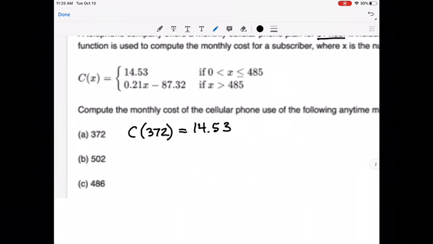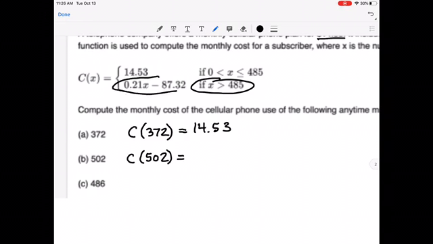Now suppose that we have a second customer, and for that month we see that they talked for 502. And so we're looking for what is the bill for this individual when x is 502. So looking now at our piecewise function, 502 certainly is greater than 485, which means we use the second piece of the function to calculate their bill.